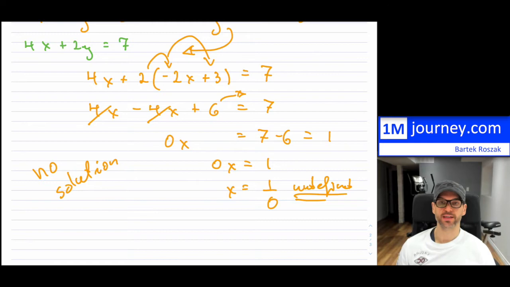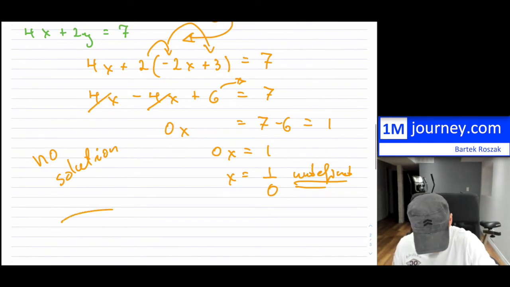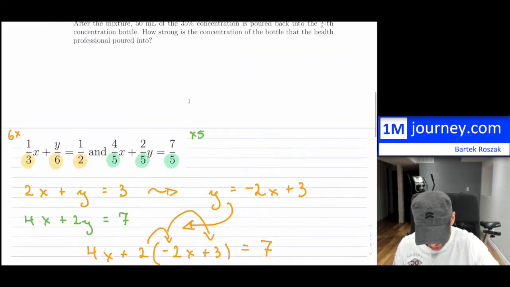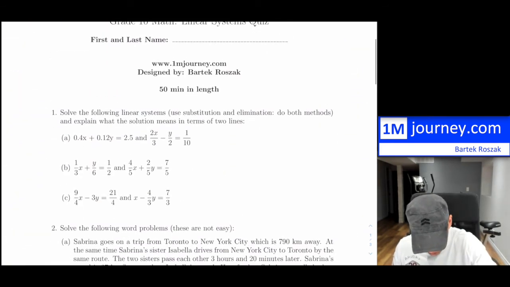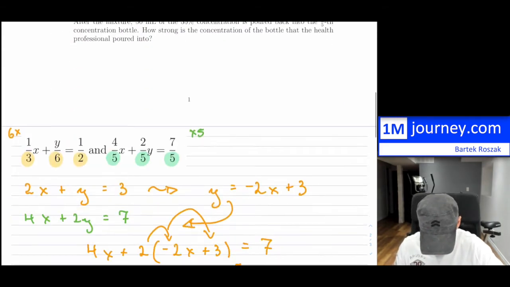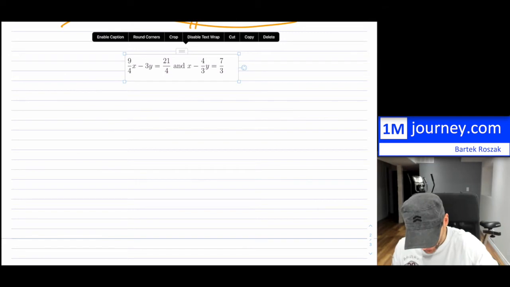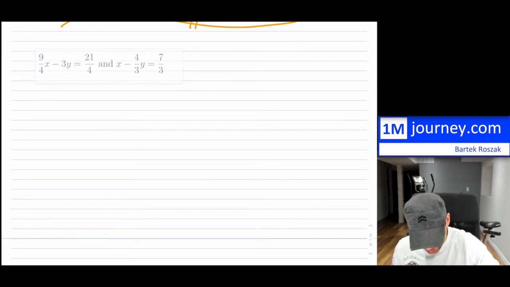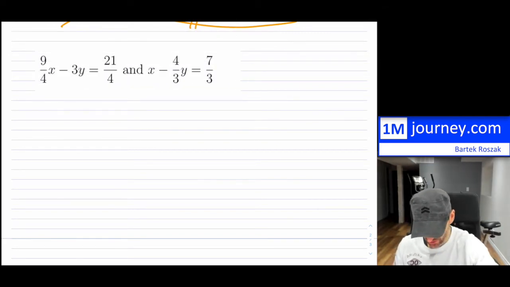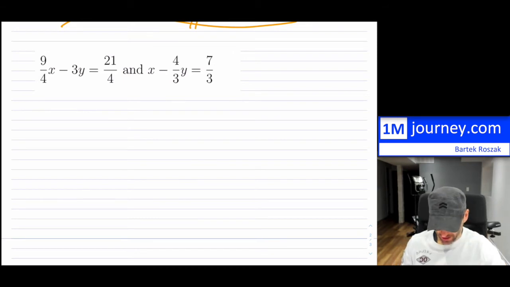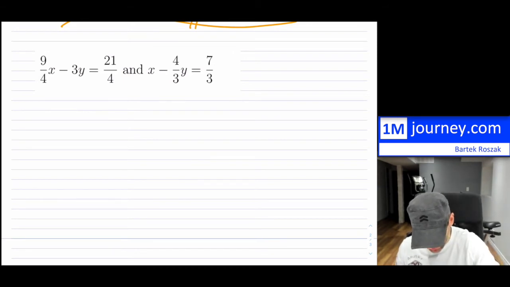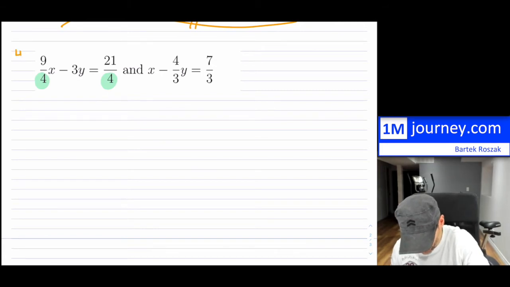That's pretty interesting. So let's take a look at the last one from question number 1, or part 1. Let me take this one right here and see what happens. For this one, let's use elimination. You should try both methods so you really get used to it. Again, we have some fractions, so I can multiply this by 4.